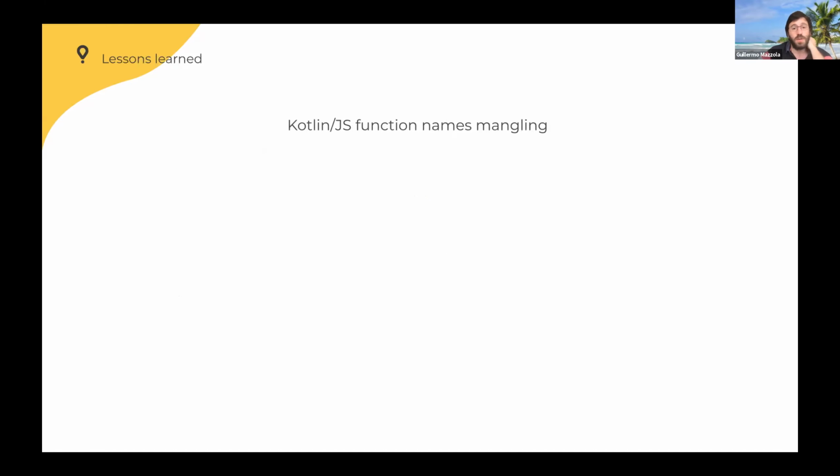Another thing you need to know when you're doing JavaScript interop with Kotlin.js is that Kotlin.js mangles the names of the functions, and there is a reason for that. The first is that JavaScript is a dynamic language and does not support method overloading.